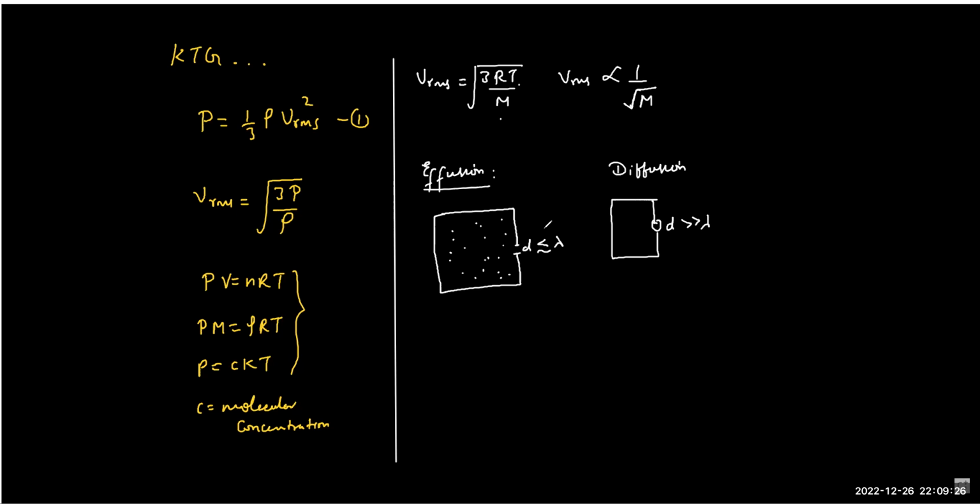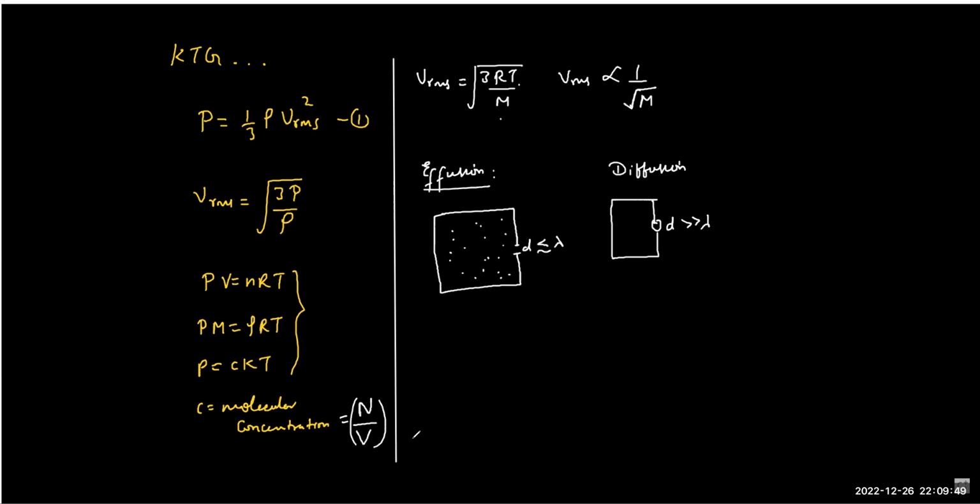Okay, so just theoretically you should be knowing this, and V_RMS will decide the process of effusion. And therefore, if you have a mixture of gases, you should be knowing theoretically that a lighter mass particle will come first, relatively. Now, C is the molecular concentration, which means it is the number of molecules per unit volume.